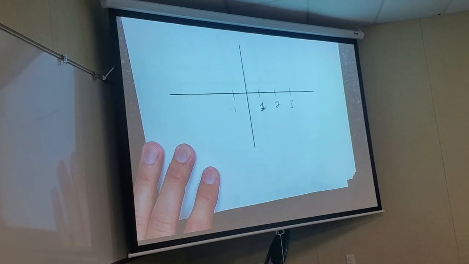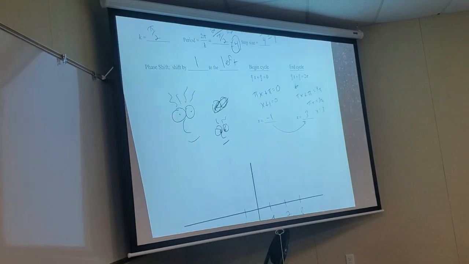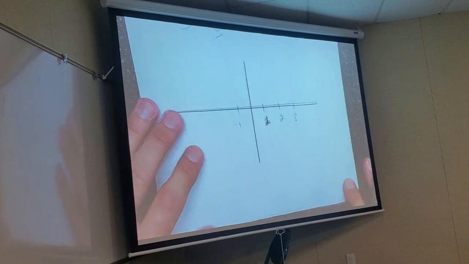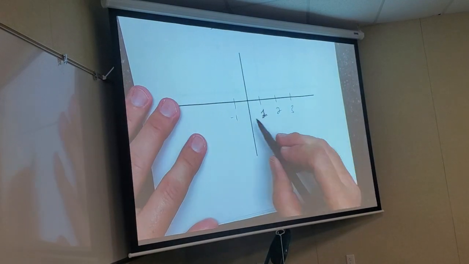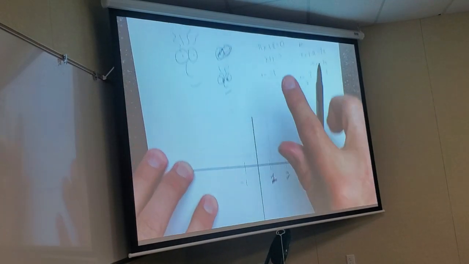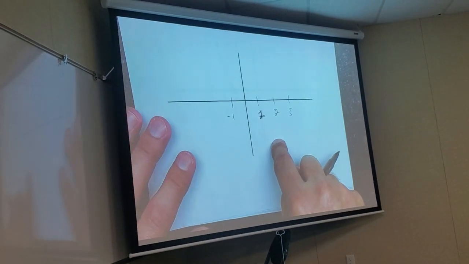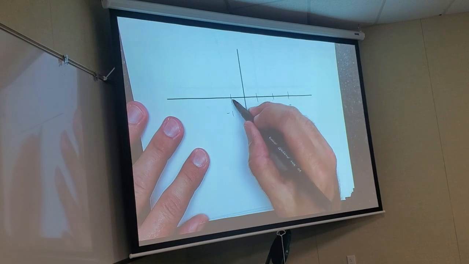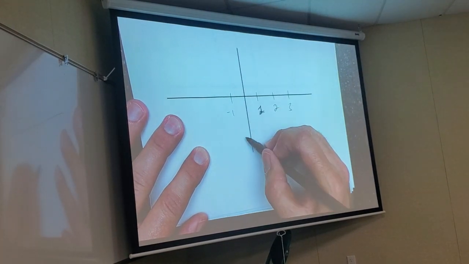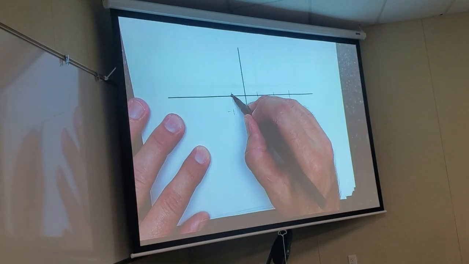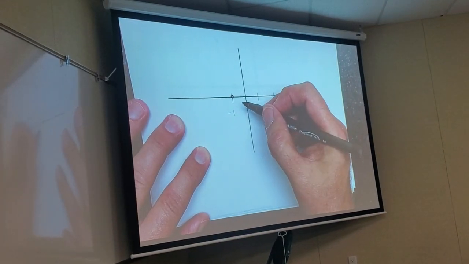Now, have I flipped this at all? Are there any reflections going on? I've done a lot of work. There's a lot of work here. This should be the easy part. So what does sine do at the start? Where is it at? 0, right? That's what sine does. Starts at 0.